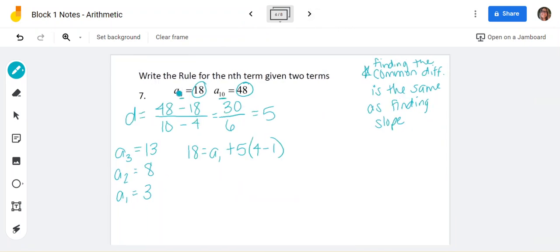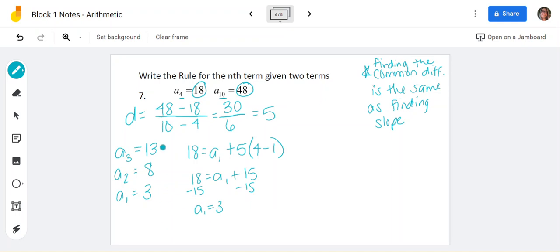I chose to use the 4th term. We also could have put in 48 and then our n would have been 10 instead. 4 minus 1 is 3 times 5 is 15. 15, so a sub 1 is 3.